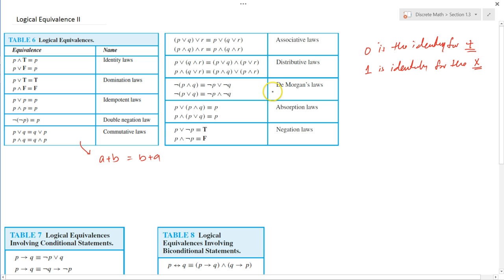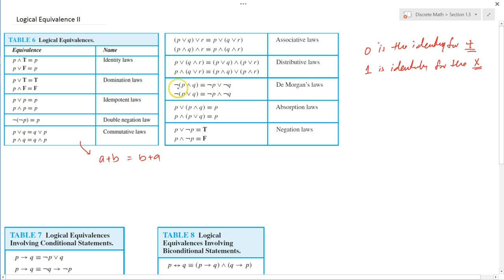Now here's an interesting logical equivalence that is hard to find an equivalent for in regular algebra. It's called the De Morgan law.